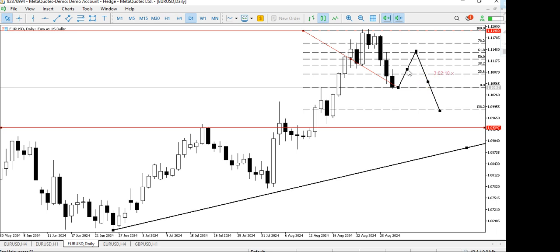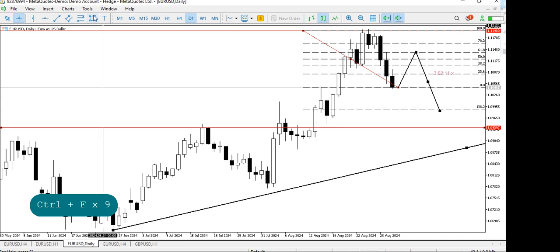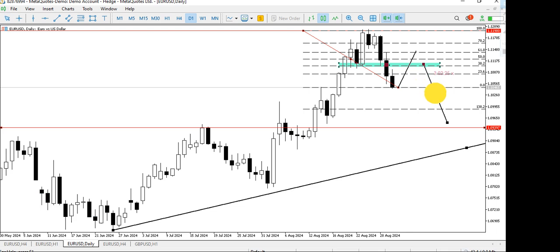It might not be this much because I'm already looking at this level here. There's a level here, so I might as well say bring it to this point.